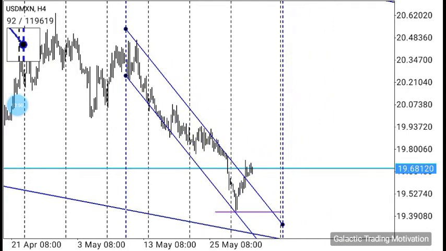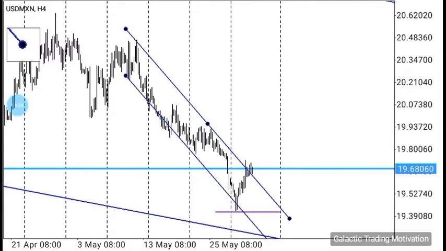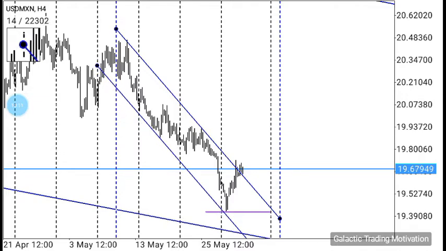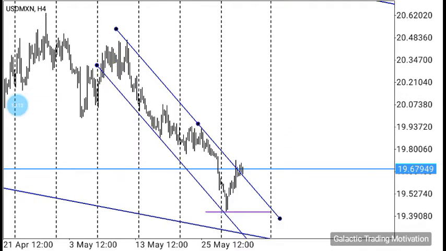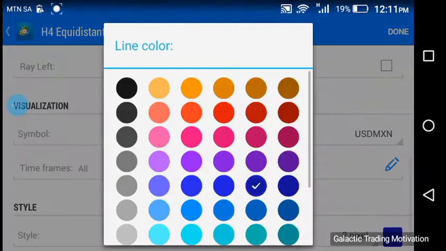We just need to ensure that it is as accurate as can be. There goes our channel. It's a very steep channel. I don't like steep channels, to be honest. Nonetheless, it's what we're working with, so let us continue.